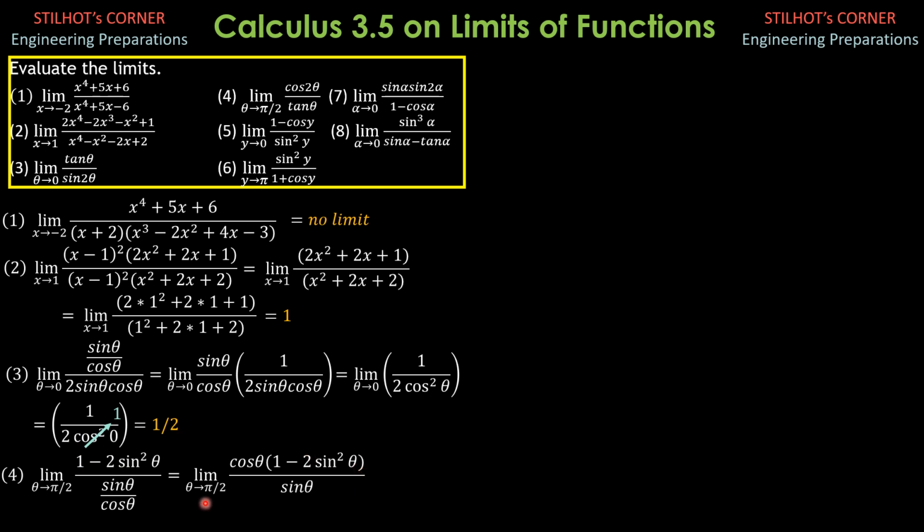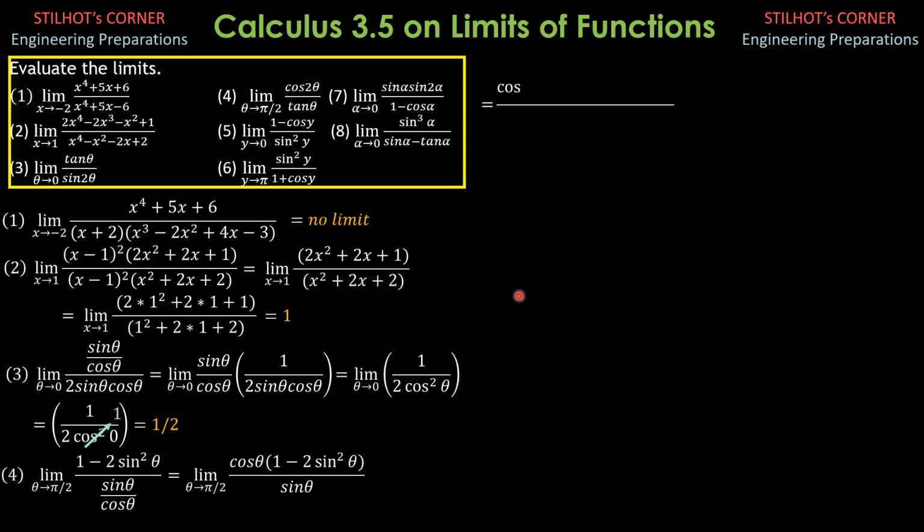Now, as theta approaches pi over 2, the denominator approaches 1 because sine of pi over 2 is equal to 1. As theta approaches pi over 2, sine of theta is almost 1. So it is now safe to substitute pi over 2 for theta. Cosine of pi over 2 is 0.